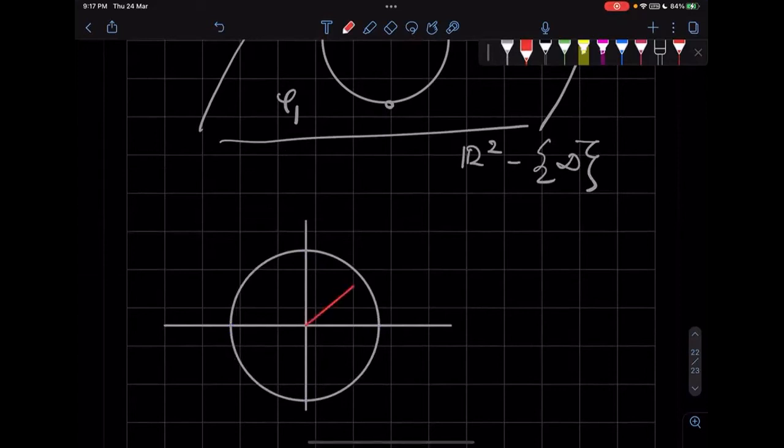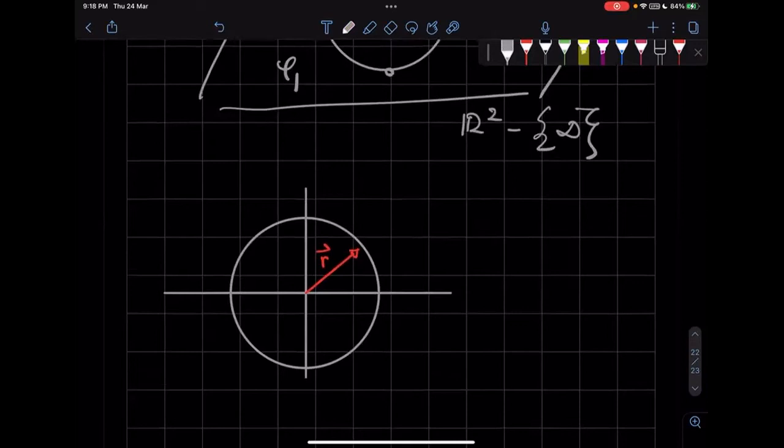If I have any point on S2, suppose we have an S2 whose radius is 1, then we can represent that point on the surface of S2 by some vector R. So of course, if I now act on this vector R by a rotation matrix, I go to another vector R prime.